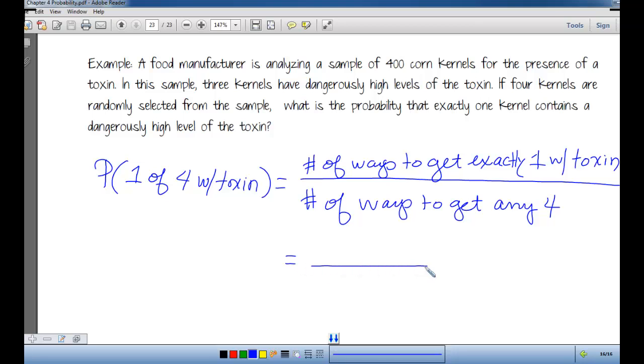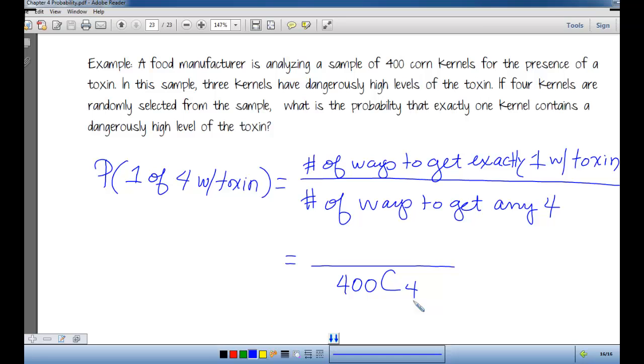How many ways can we select any 4? What is it? 400 C 4. Very good. Okay, 400 kernels available, and we're choosing 4 of those at a time.